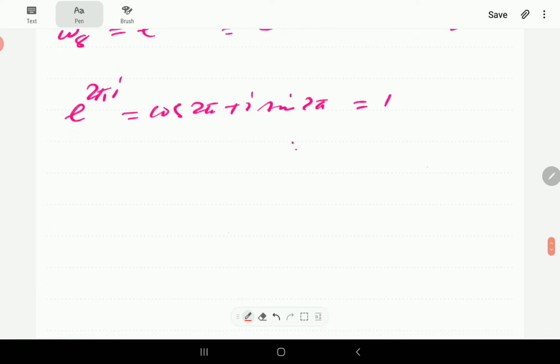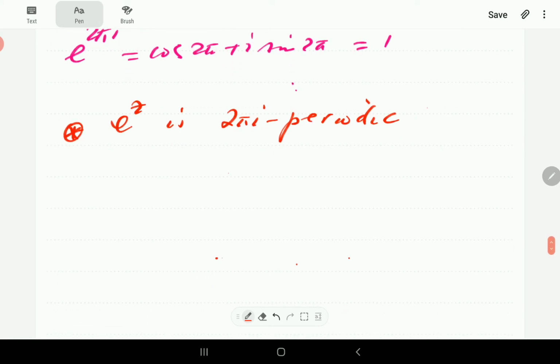So what we're noticing here is that the complex exponential function e to the power z is actually 2 pi i periodic. What do we mean by this? We mean that f of z plus 2 pi i is exactly the same as f of z.